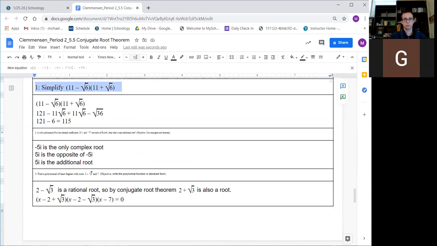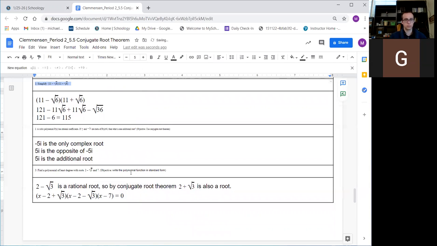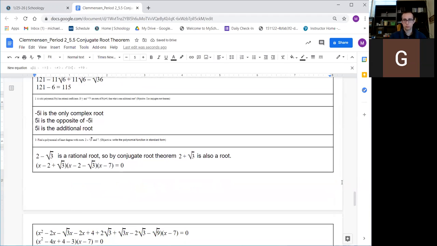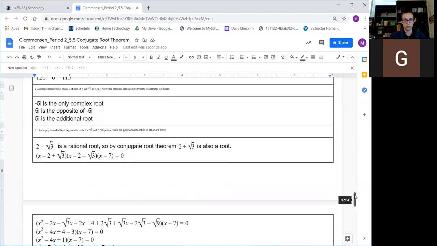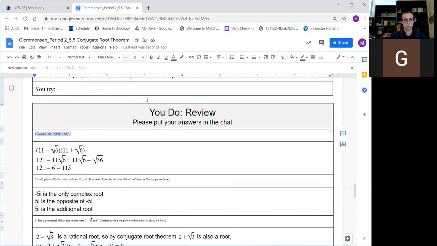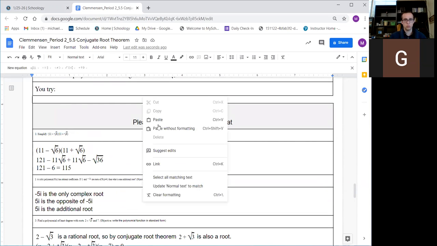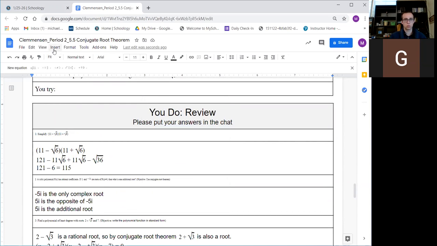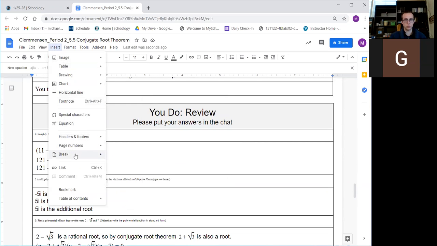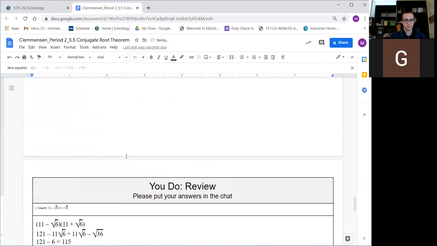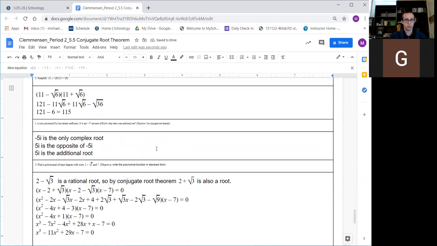Forgetting to click enter. There we go. Now let's see how much we can get on this same page. Insert. There we go. Now we got it all on the same page.